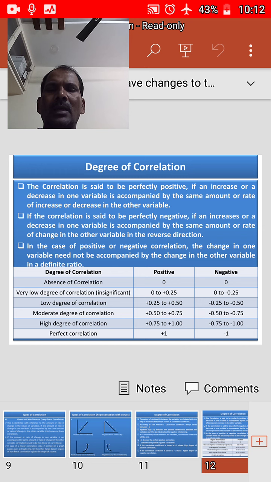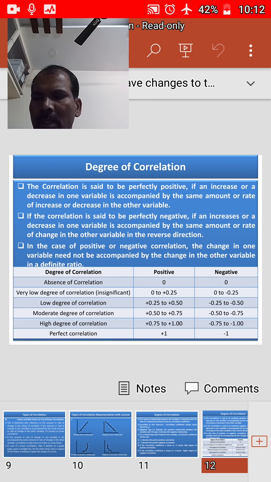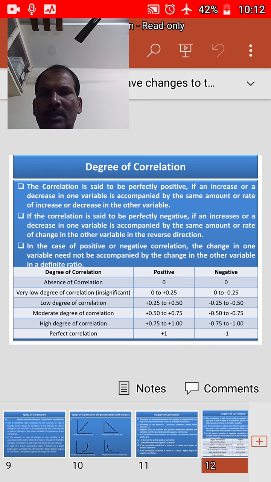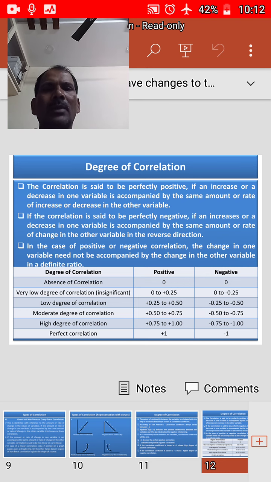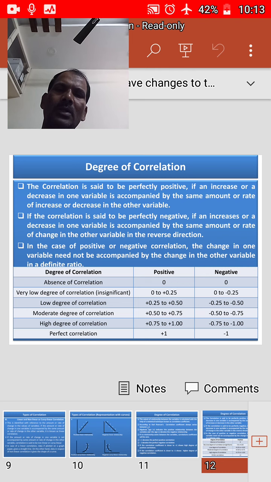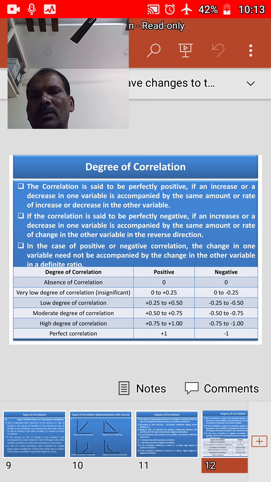The third one is a low degree of correlation. This is between plus 0.25 and plus 0.5 in the case of positive correlation. In the case of negative correlation, it is minus 0.25 to minus 0.50.